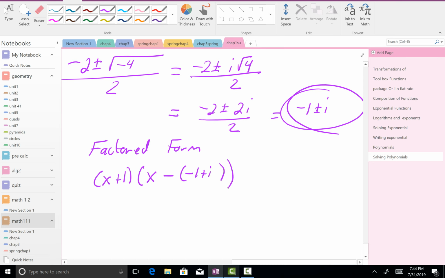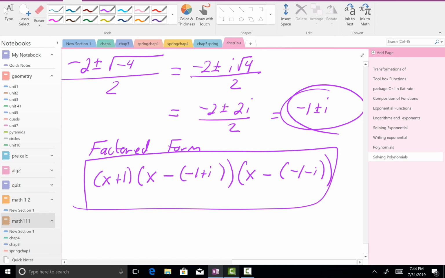Okay, there's one of them. Parentheses, x minus parentheses. Now I'm going to put the other one in there. That's factored form. Okay, if I FOIL this out, I'm going to end up with what we started with. Okay, you don't want to do that. But if you did, that's how it's going to work.